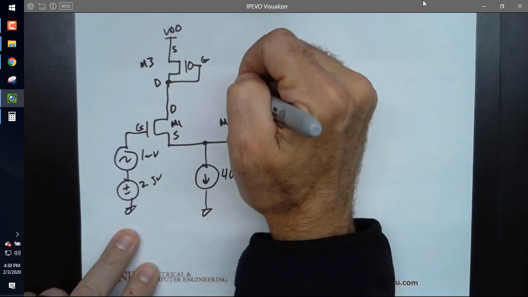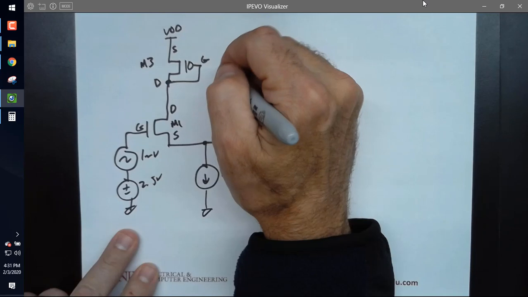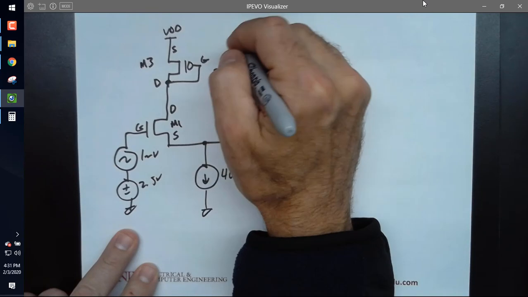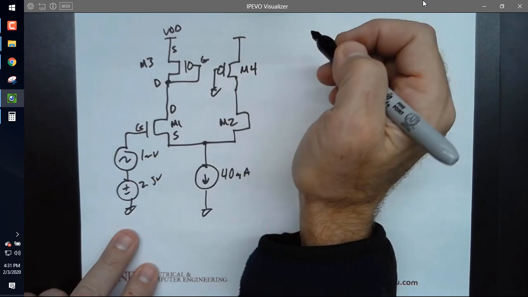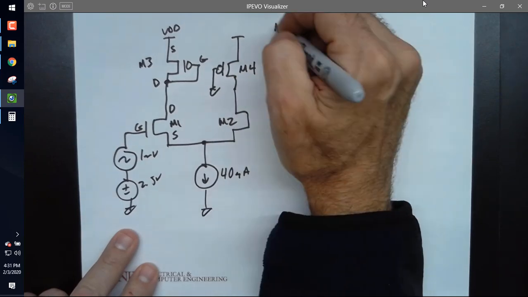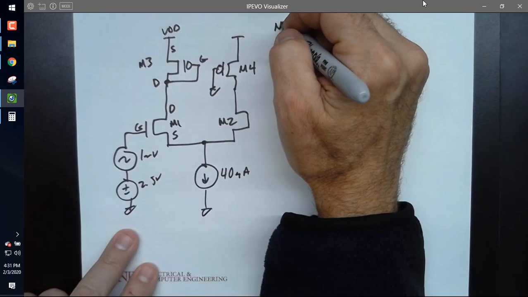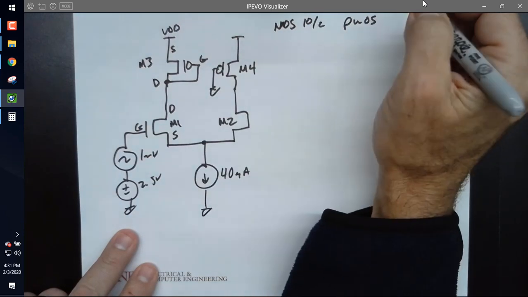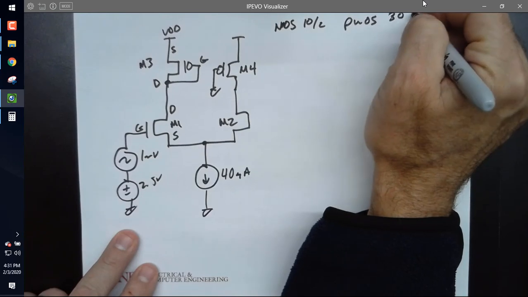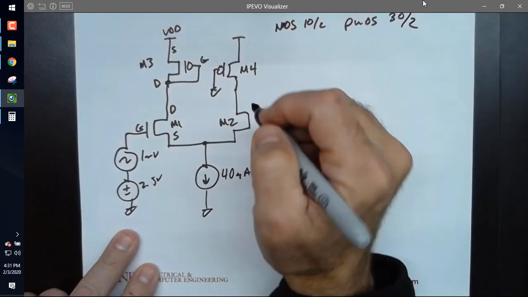Then coming up here, I've got a device with the gate grounded and M4. And all of the devices, NMOS are 10 by 2, PMOS are 30 by 2. And then this over here is 2.5 volts.